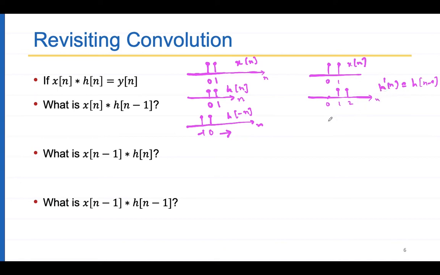And for their convolution, I reverse the thing. If I reverse, this comes to minus 1, minus 2. This is h dash of minus n.